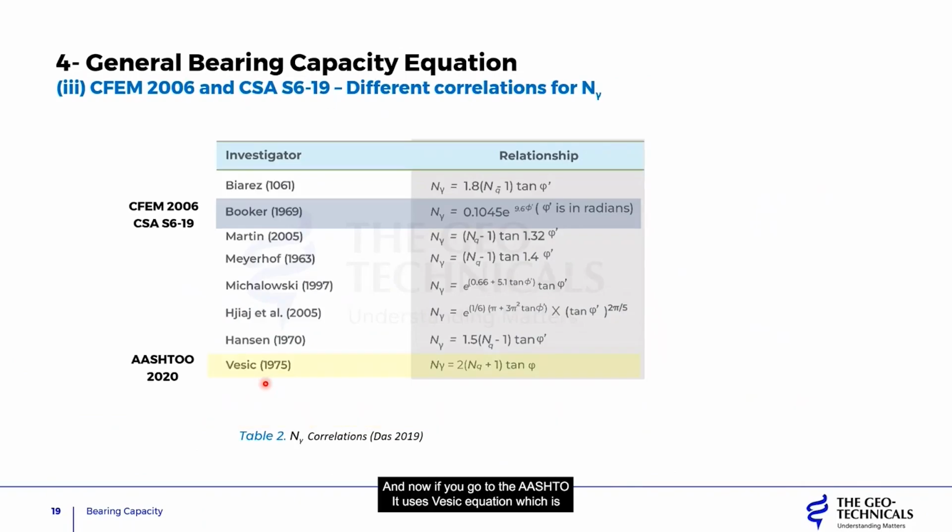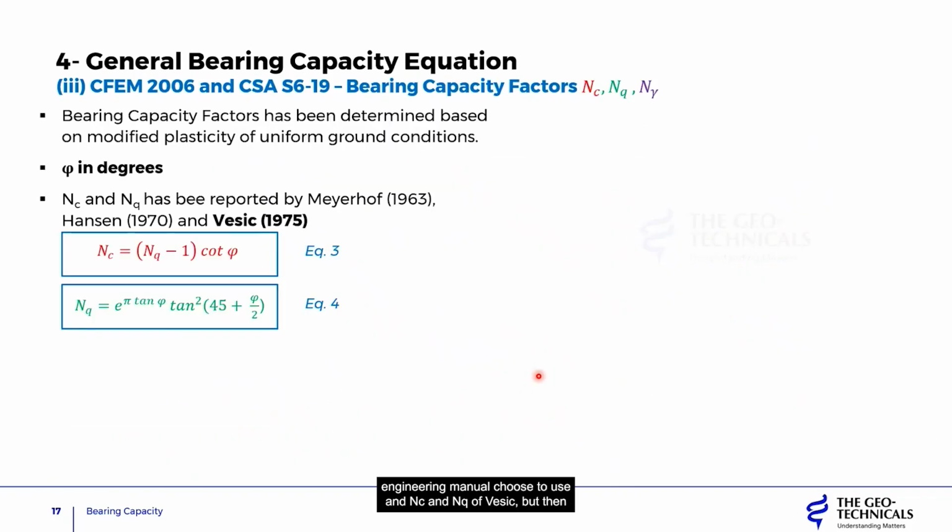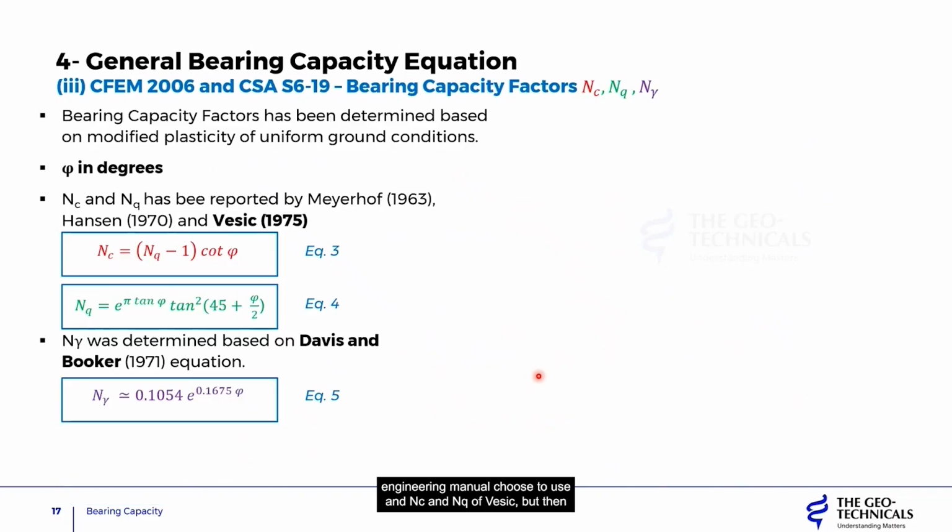Now, if you go to AASHTO, use the Vesic equation, which gives a lot more, and I'll show you the comparison in the next slide. So that's this equation: 2(Nq + 1) tan phi. It's a little bit weird, because the Canadian Foundation Engineering Manual chose to use Nc and Nq of Vesic, but for N gamma they use Davis and Booker.